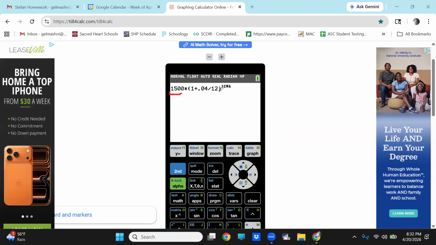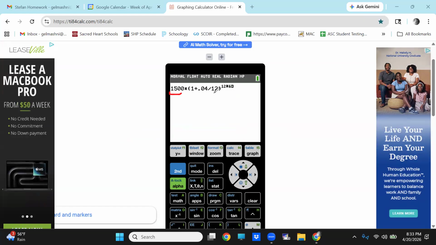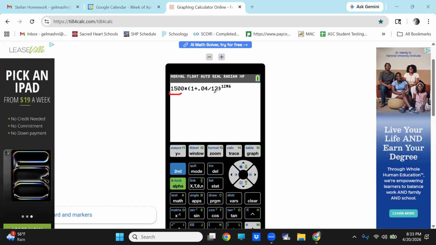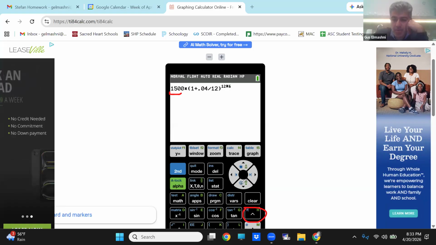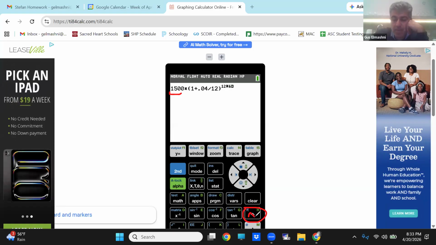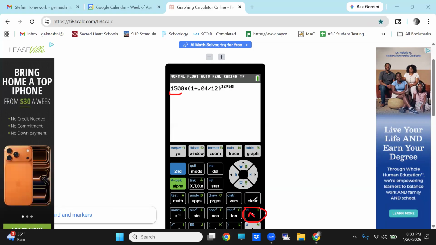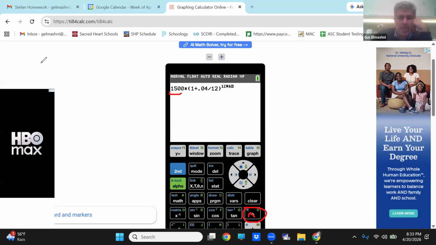Then the parentheses. And then hit this button to raise it to an exponent. It's a superscript. The button that's right below clear looks like a little caret. Is it 1906? Good. There we go. What were we doing wrong, just out of curiosity?